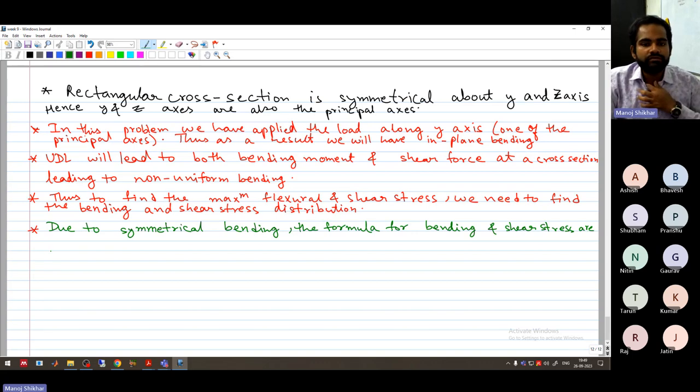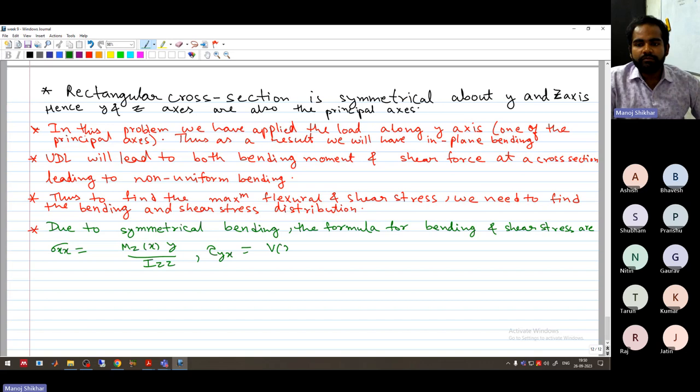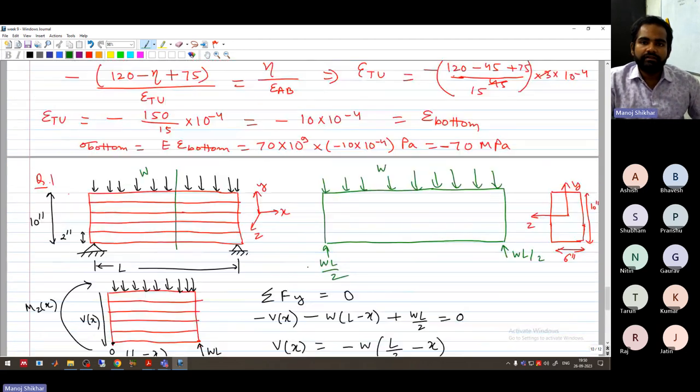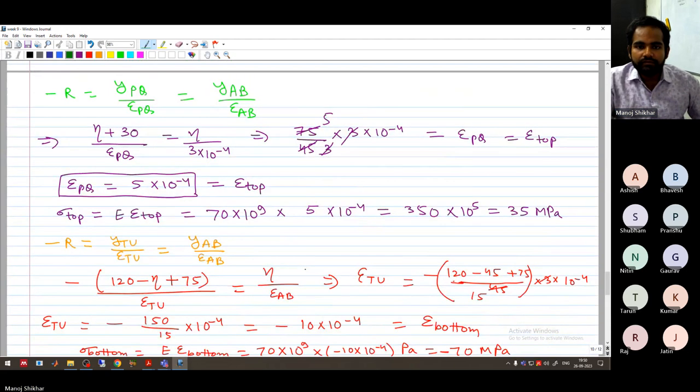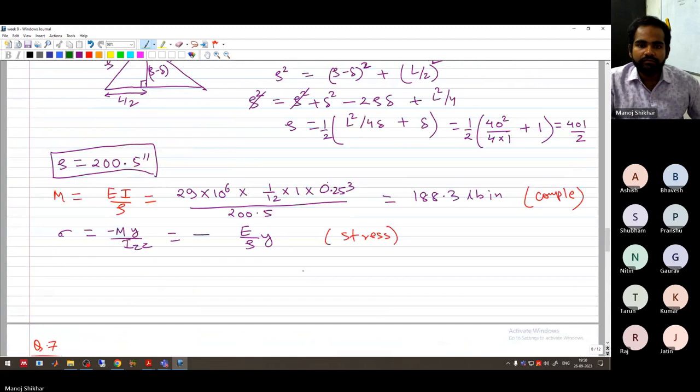What are the formulas? So sigma xx is simply Mzx y upon Izz, and tau yx is Vx into Qy upon Izz into b. Actually, I think I have made some mistake here. It should be My by Iz.